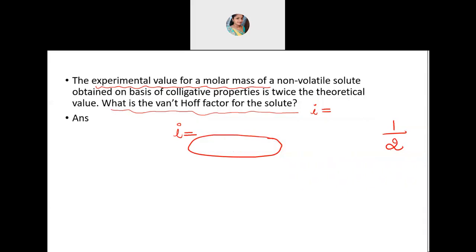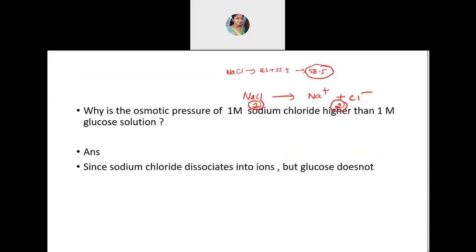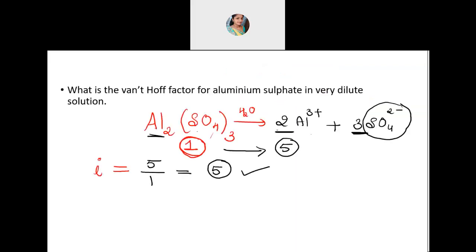Yeah, if you want, I'll go back in case you have not finished. See, this was the next question which I've given you. Before that, I had done this: Van 't Hoff factor for aluminium sulfate.